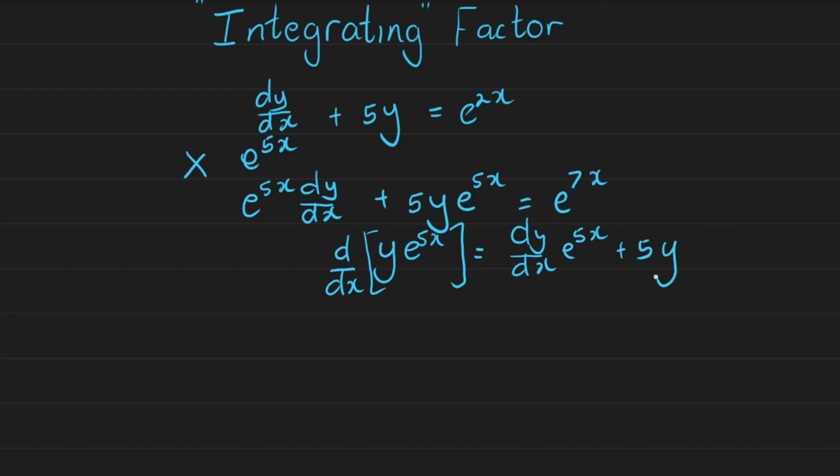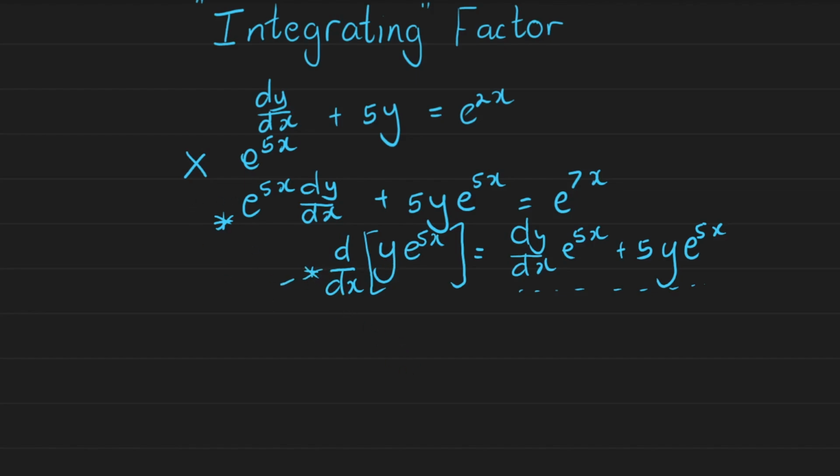So we've got 5y e^(5x). If I compare this to the left-hand side of my differential equation, I can see that it is the same. So this term is actually the derivative of y e^(5x) with respect to x.